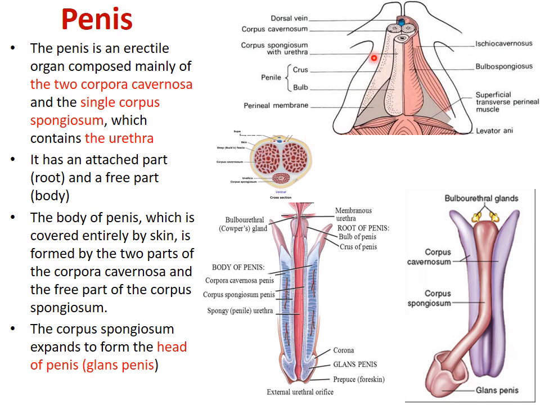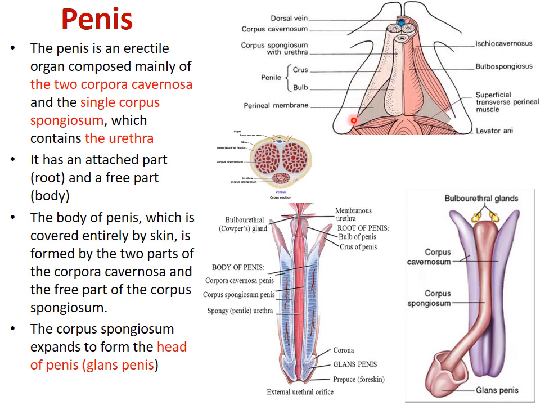The purpose of the corpus cavernosum is to be filled like a balloon with blood, and when this balloon is filled, it becomes erect. If you blow up a very long balloon, it will stand erect like a single straight structure.